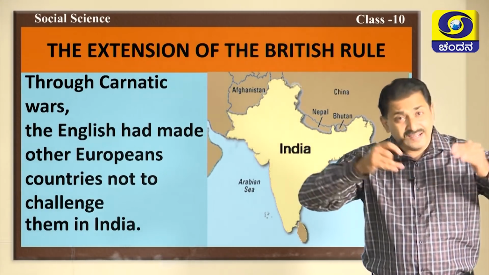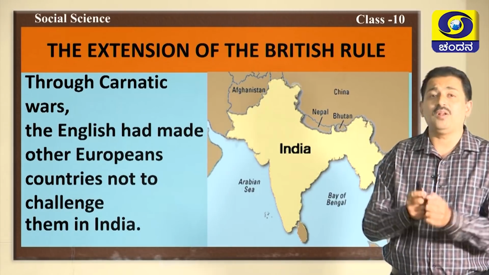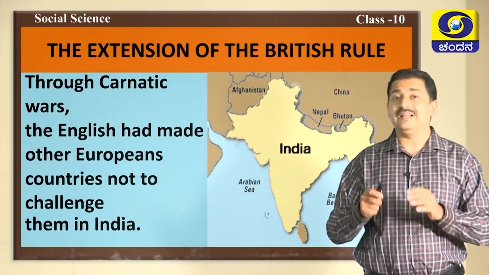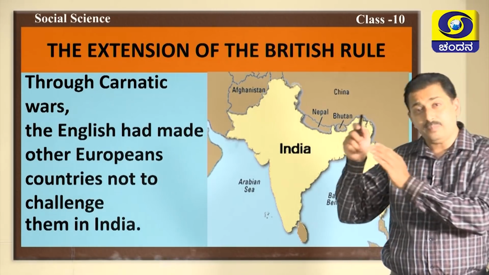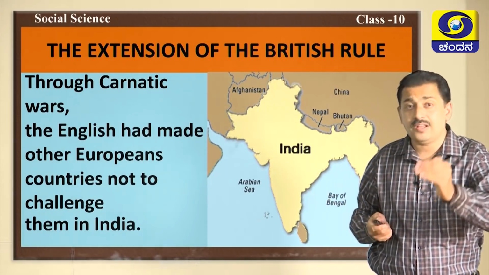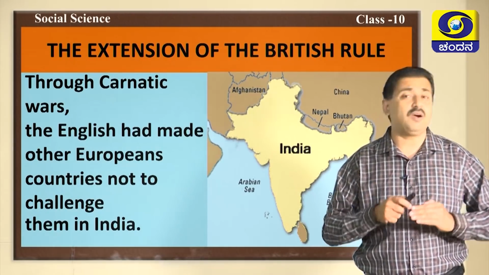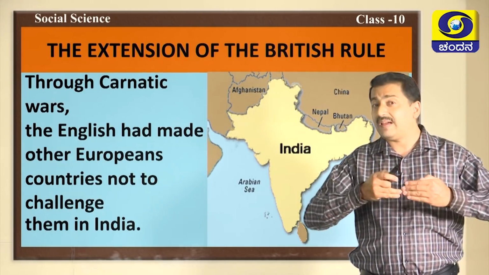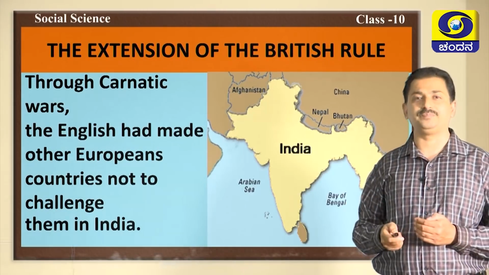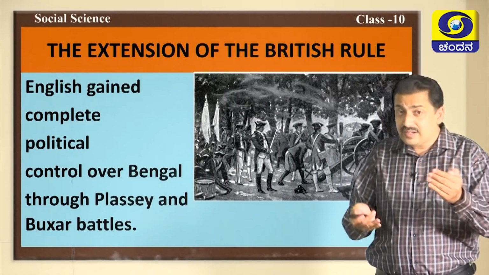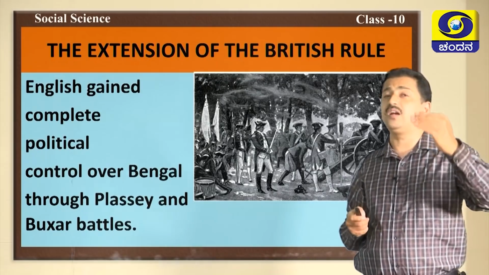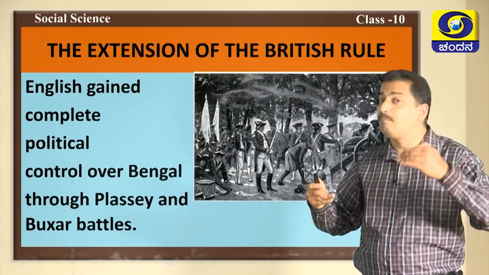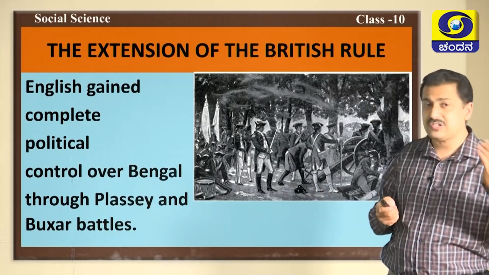So, entire India came under the control of British. That is why I told you, through Carnatic Wars, they made other European traders not to challenge them in India. British did not have any competitors to trade in India and also for their expansionism here. English gained complete political control over Bengal through the battles of Plassey and Buxar that you have studied in the first lesson.